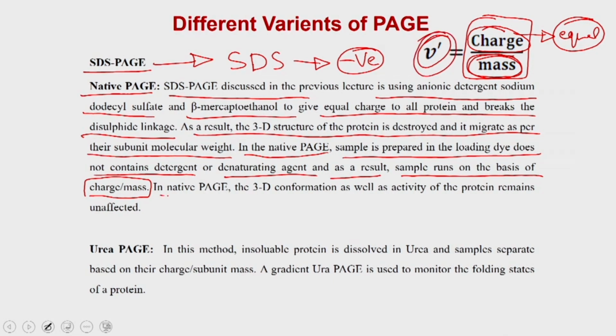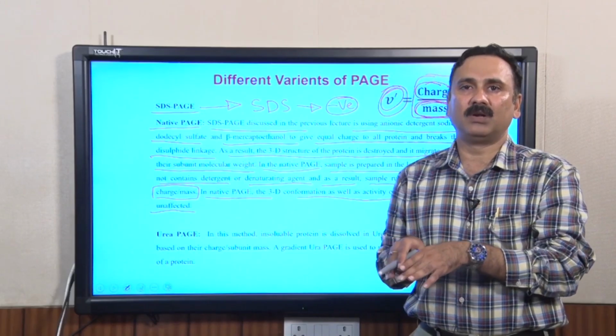That is why in native PAGE the three-dimensional conformation as well as the activity of the protein remains unaffected, which means the native gel is going to retain the three-dimensional conformation of the protein, as well as the activity of that particular protein.